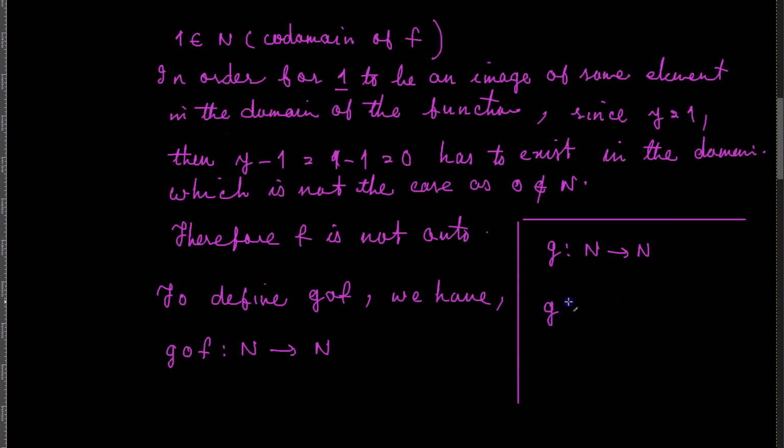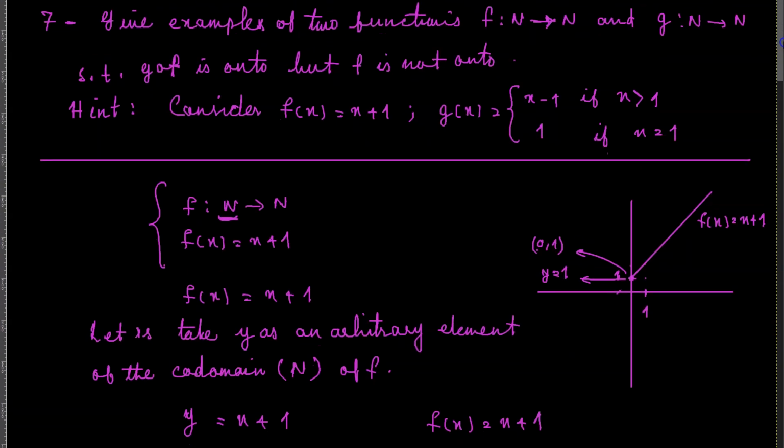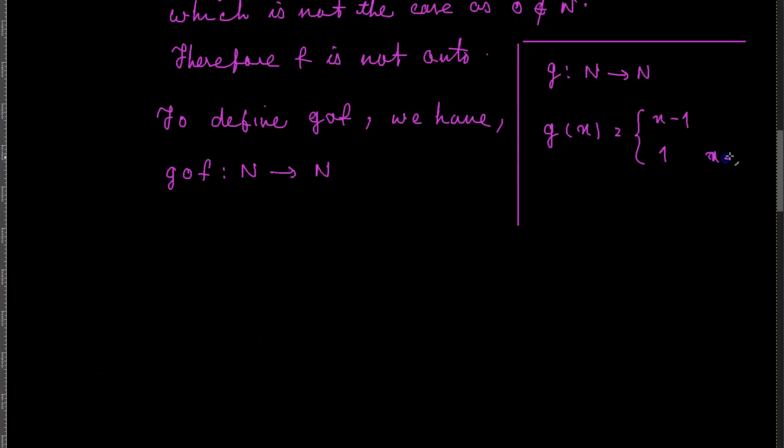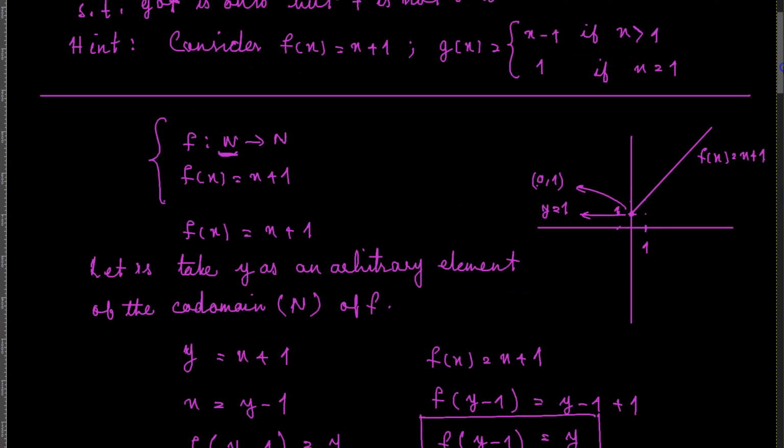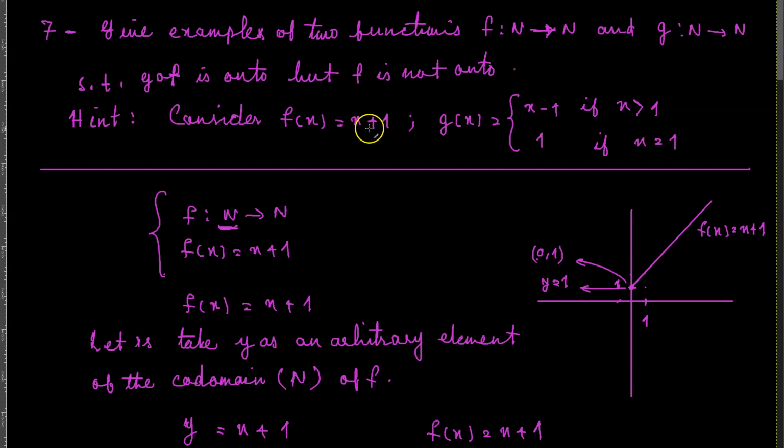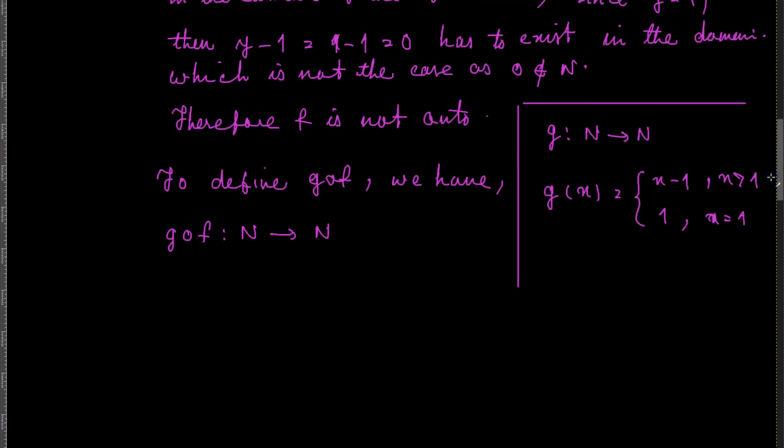So g of x is equal to x minus 1 for x greater than 1, and 1 for x equal to 1. And f is the same thing as f of x is equal to x plus 1, and it is a function also from n to n, right?